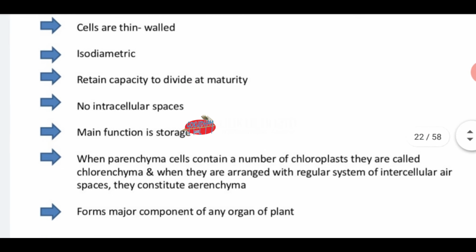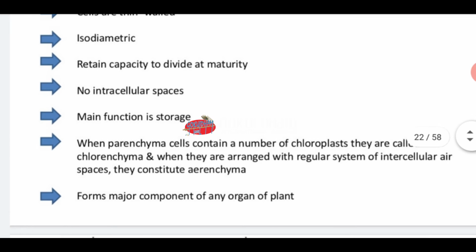When parenchyma cells contain chloroplasts, they are known as chlorenchyma, and when they are arranged with a regular system of intercellular space, they constitute this type of tissue known as aerenchyma. Means they have air space and it is found in the vascular plants. They form the major component of any organ of the plant.